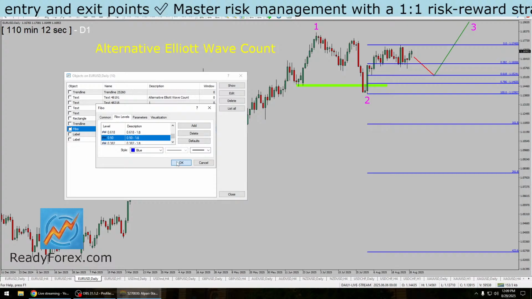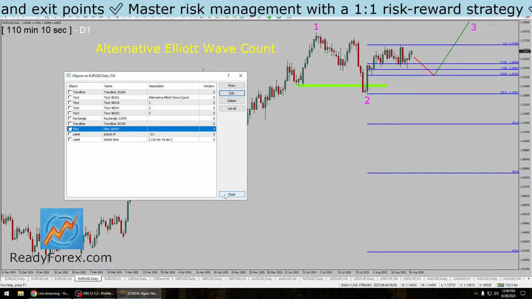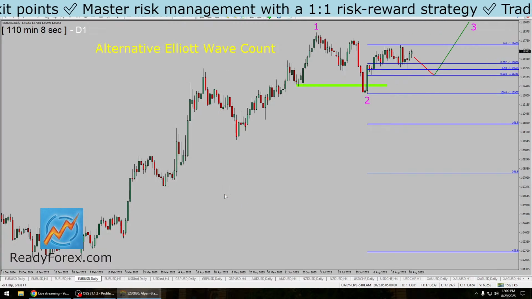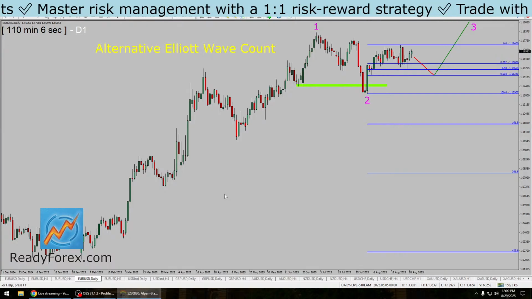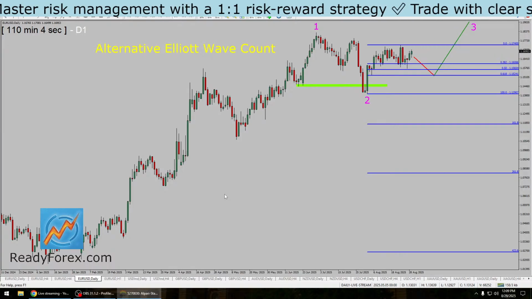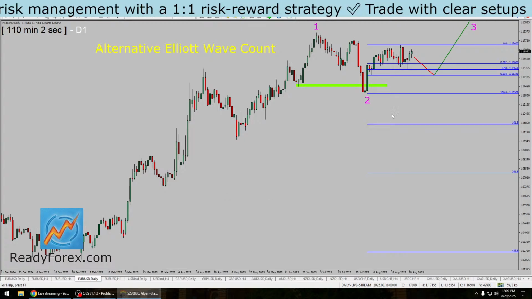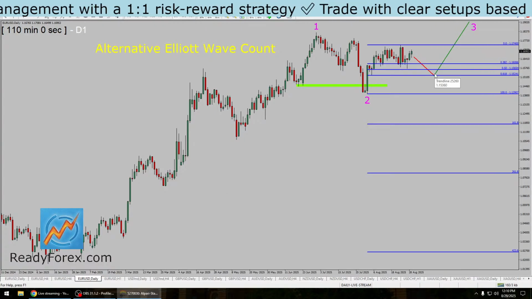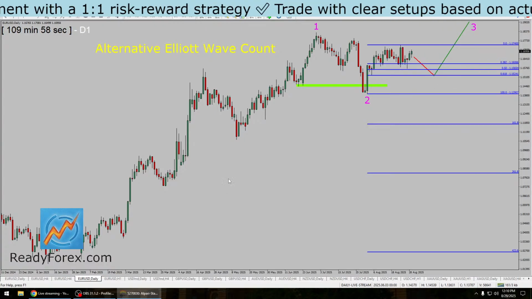Click on OK. So I have two levels, the 50% level and 0.648 level, which market is probably going to hit, and then expect further rise in euro dollar currency pair.